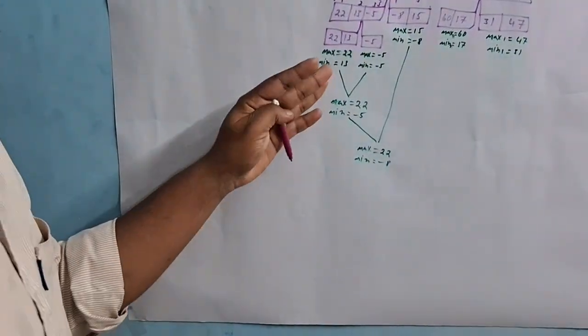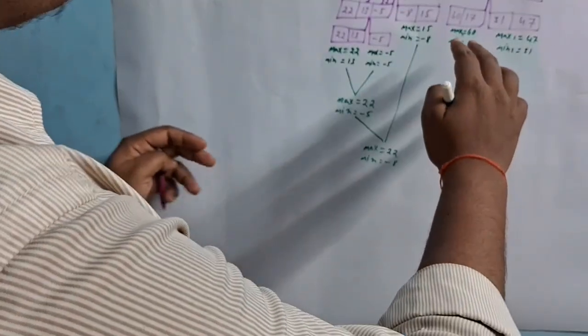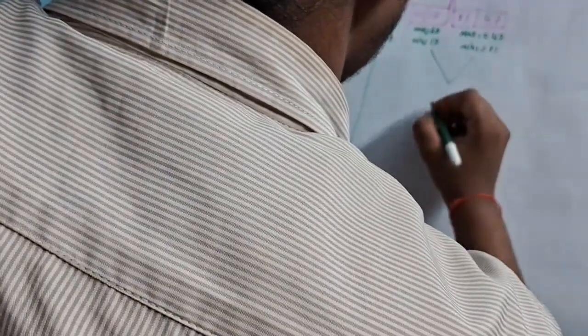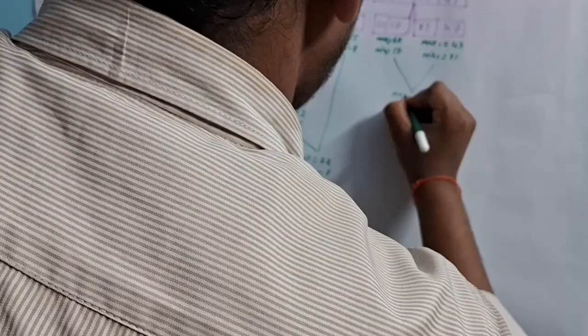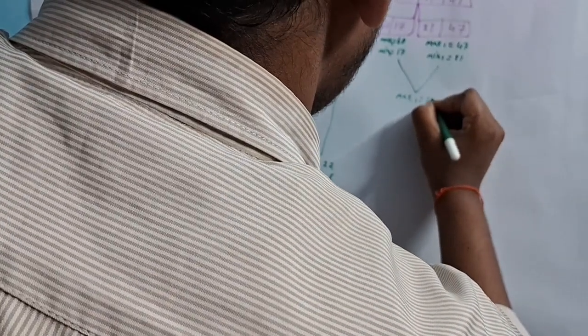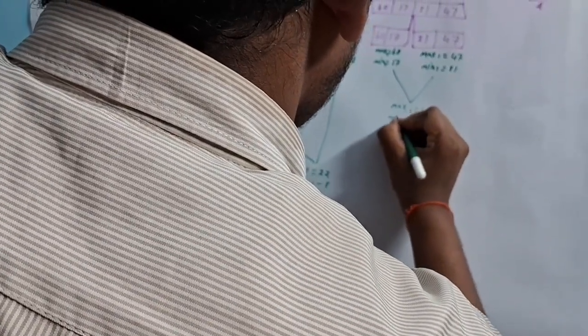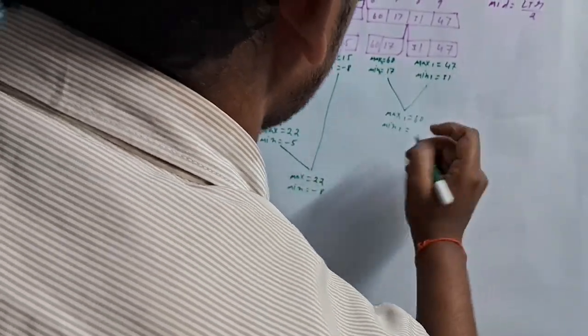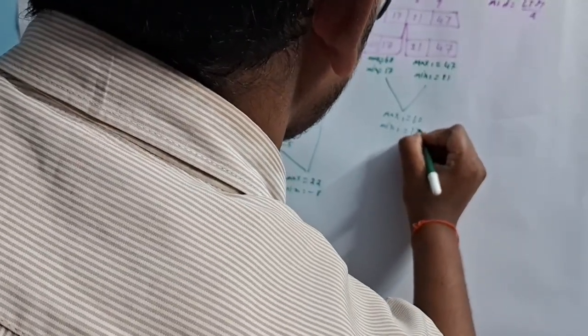Now the left part is over. Now we have to combine the right part. Max 1 is 60 and min 1 is 17, and we take 17 as the least value.